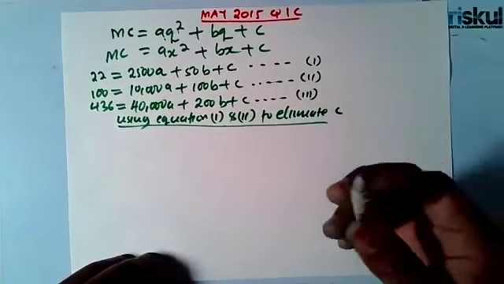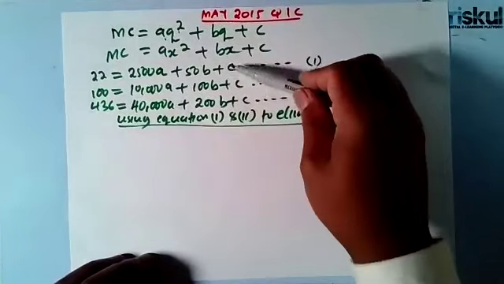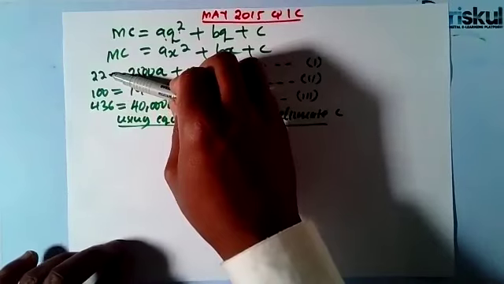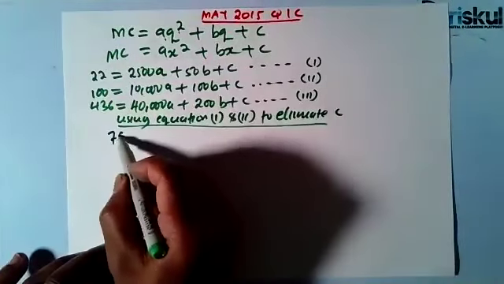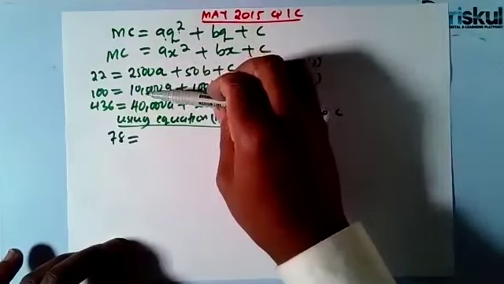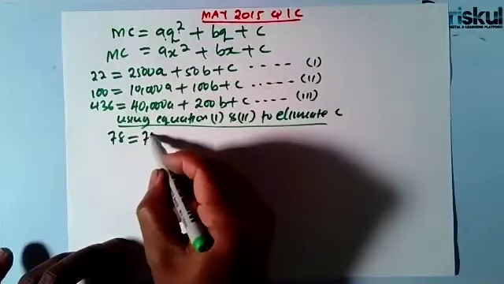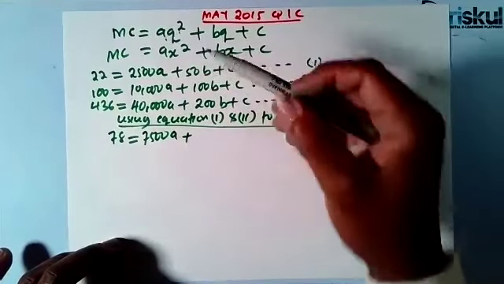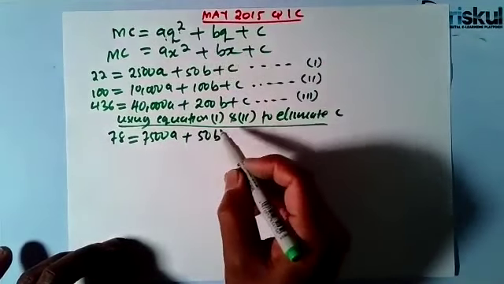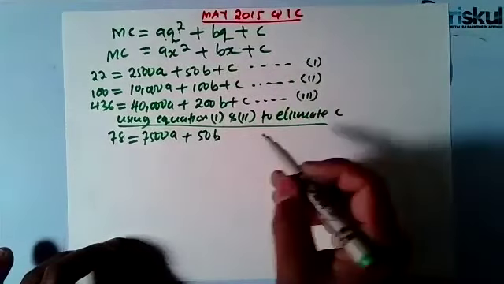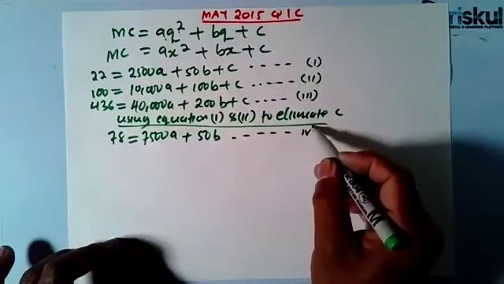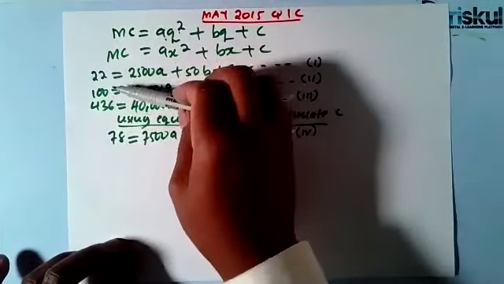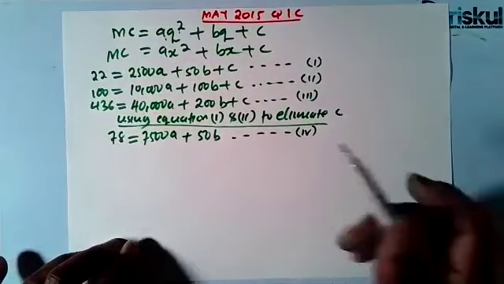So 100 minus 22, you get 78 is equal to 10,000 minus 2,500, I'll get 7,500A, plus 100 minus 50B, I'll get 50B. C minus C goes away. You can call it equation number 4. Or you can just do this minus this, but everything will be negative, still okay.